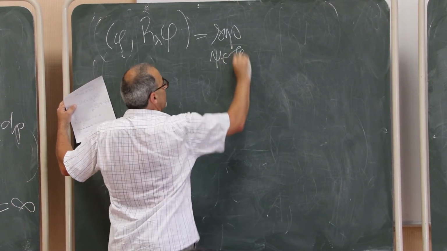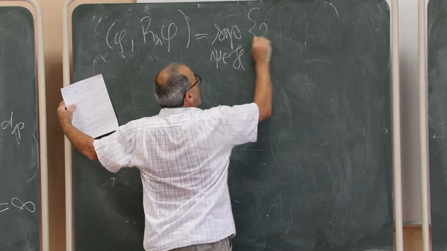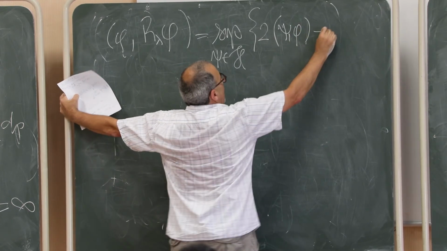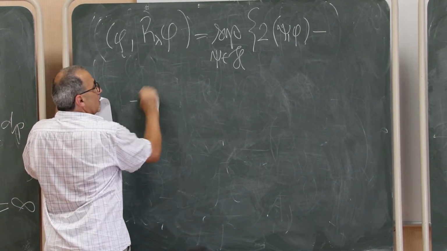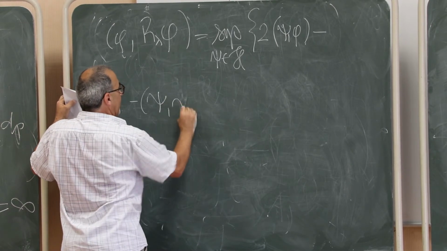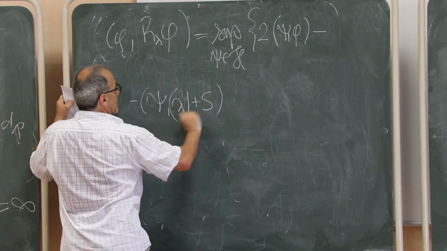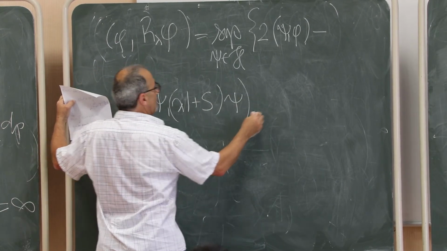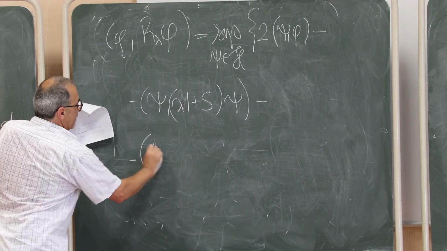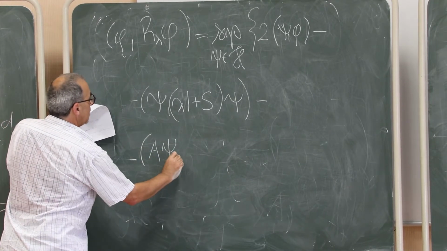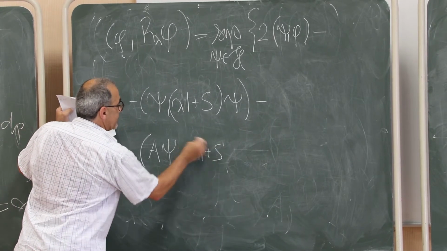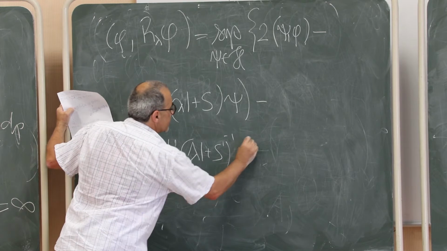All psi in the Hilbert space of twice the inner product of psi and phi, minus the inner product of psi with (lambda identity plus S) psi, minus the inner product of A psi with (lambda identity plus S) inverse A psi.